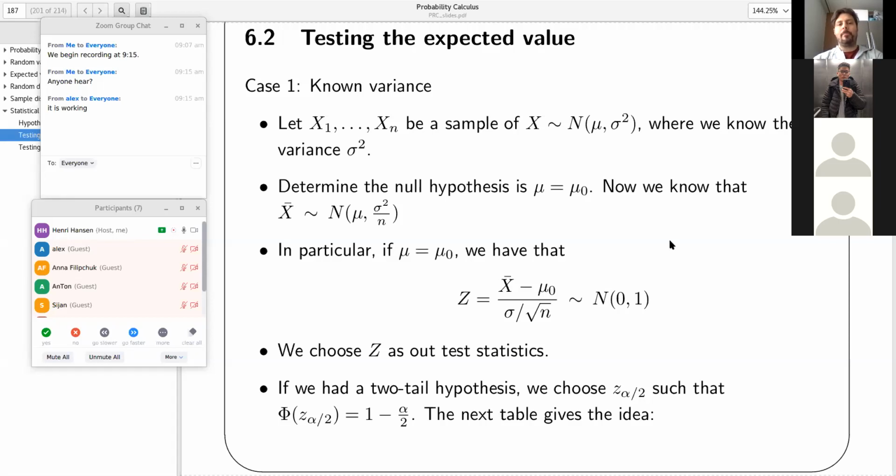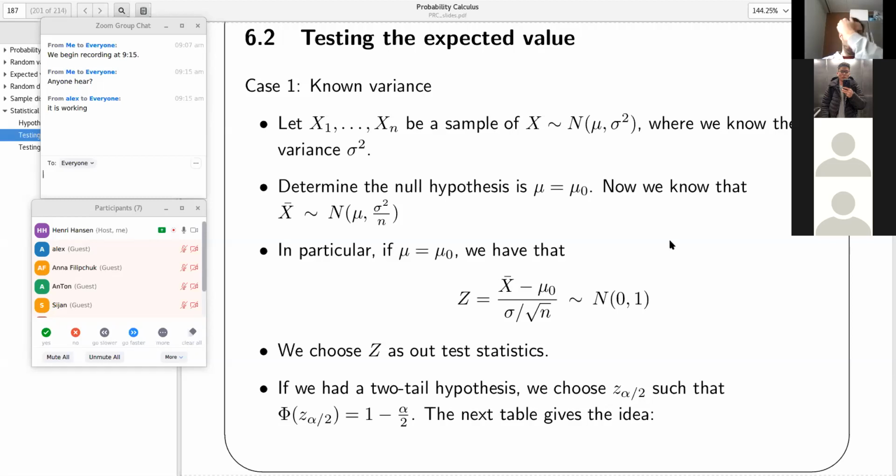You take a large sample of it, and the variance goes down. So you get this normalized variable Z, which is x bar minus mu 0 over sigma over square root of n. So this would be a 0-1 distributed variable.